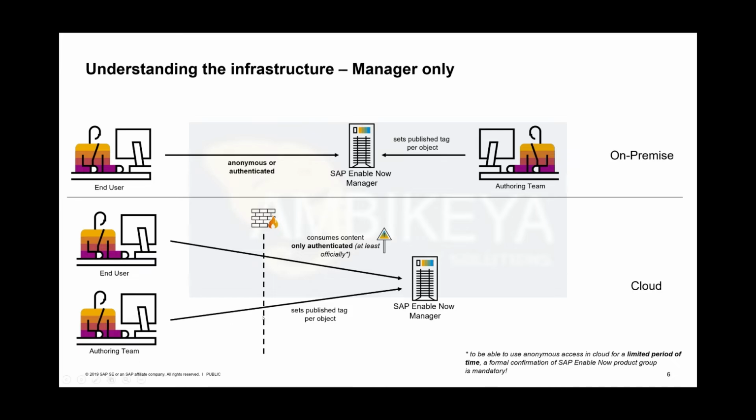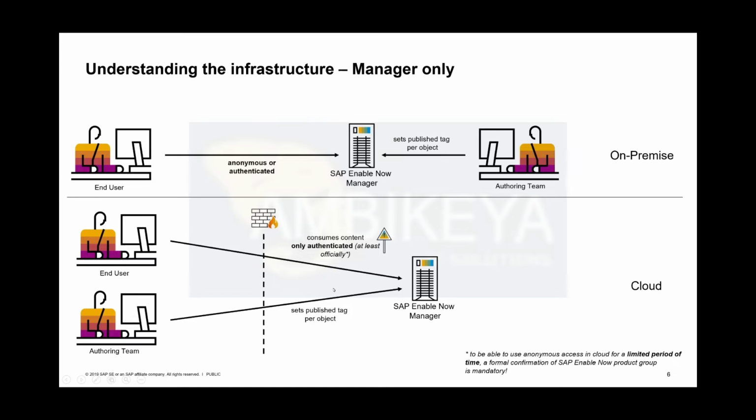Okay, bottom line, same scenario basically, but in cloud. So there is the firewall of the customer in between, and both end users and authors live on premise, so they are within the infrastructure. So any traffic from them to the Enable Now Manager cloud instance has to pass the firewall.